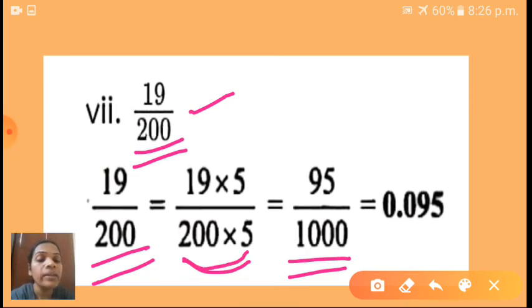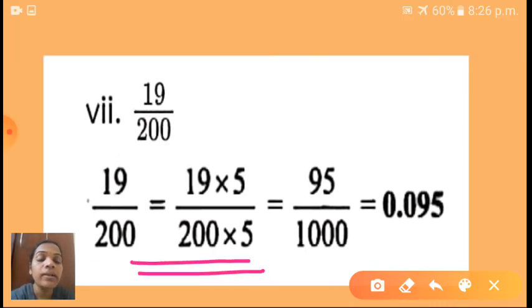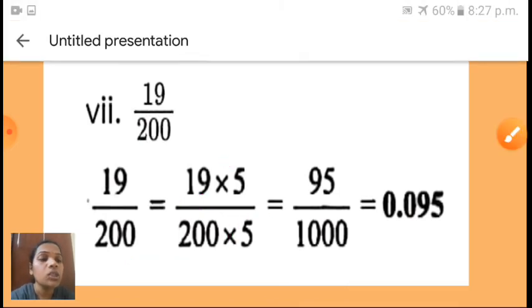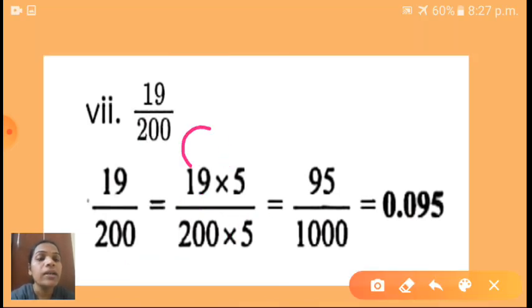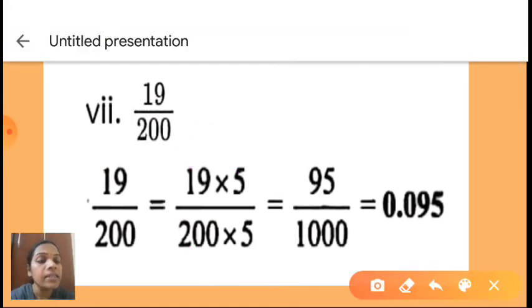So when you get 200 here, if you multiply this 200 by 5, you will get 1000. So this 19 also we have to multiply by the same number, that is 5. That means what will you get here children? 19 into 5, that is 95 upon 200 into 5 is 1000. Understood children?